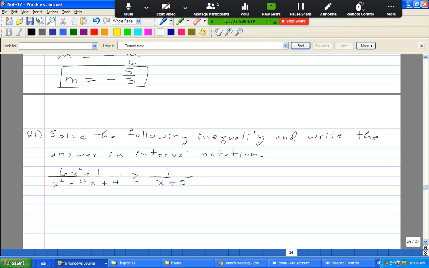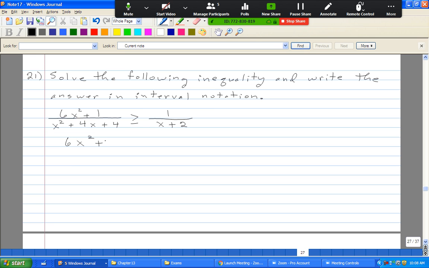Solve the following inequality and write the answer in interval notation. Okay, so let me put this into standard form. First, note that x squared plus 4x plus 4 is just x plus 2 quantity squared.